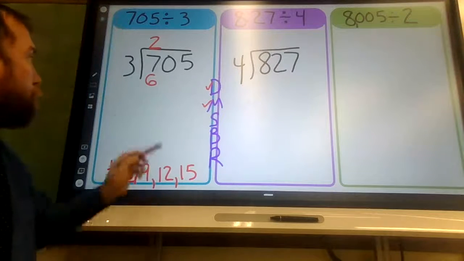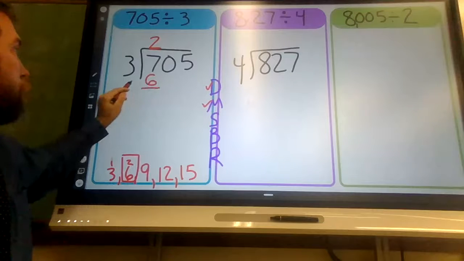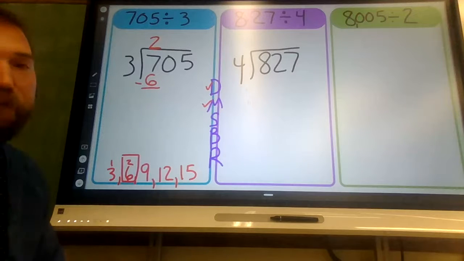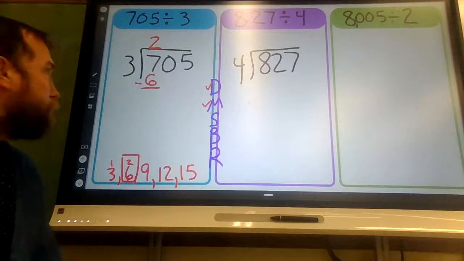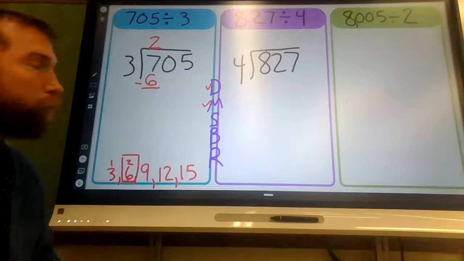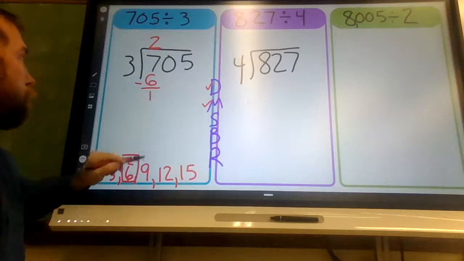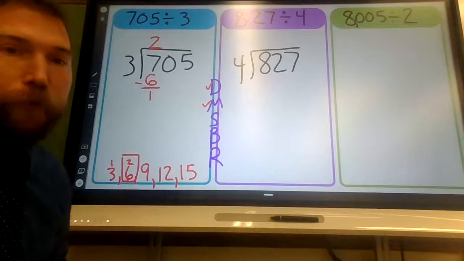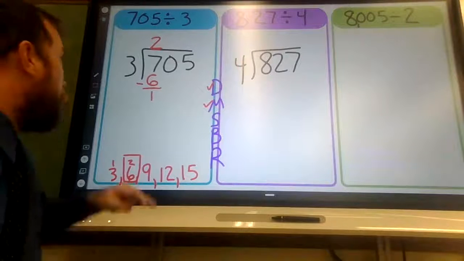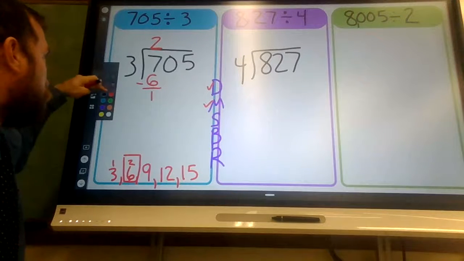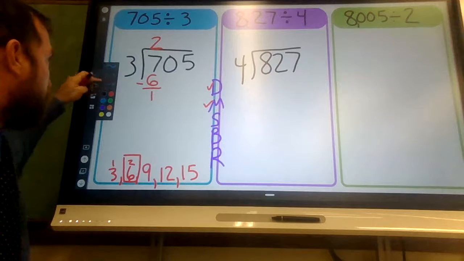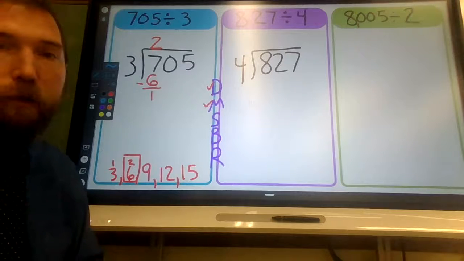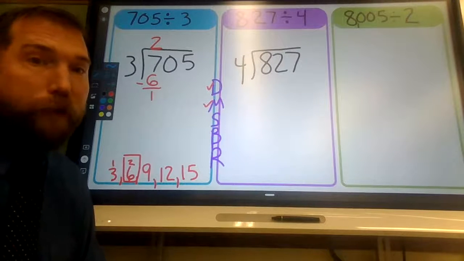And you can then see from there that there's going to be 1 left over. That's 7 minus 6 equals 1. And that was basically 7 divided by 3. If it was just 7 divided by 3, my answer would be 2 remainder of 1. I'll switch colors when I get to that next section.